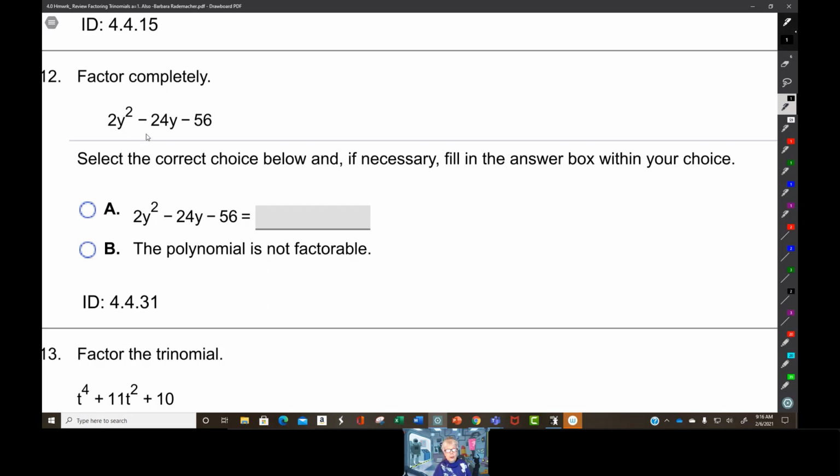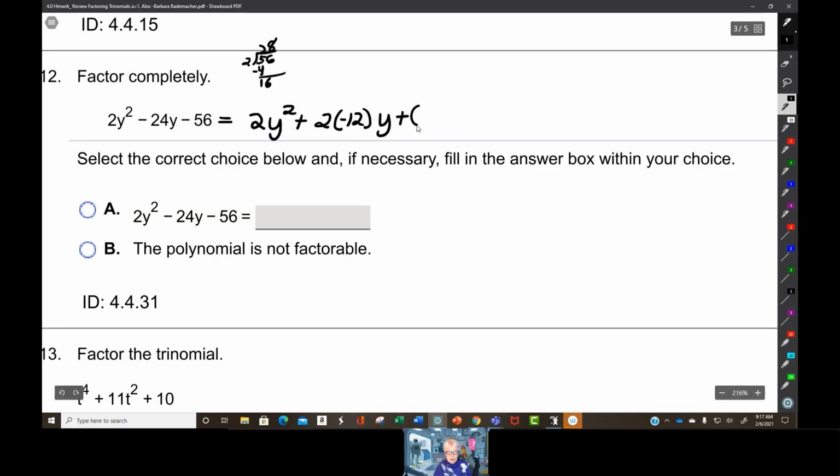Because 2 goes into 2, 2 goes into negative 24, 2 goes into negative 56. Let's factor each of these terms. You've got a GCF. 2 into 56 is 28.